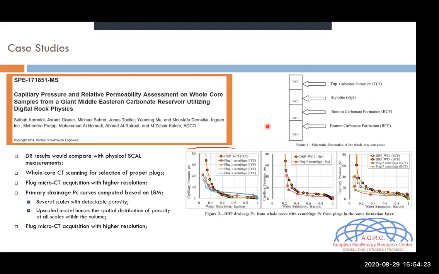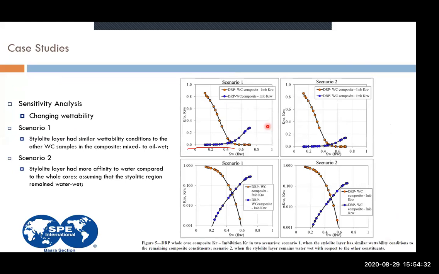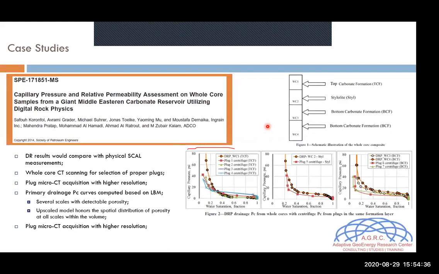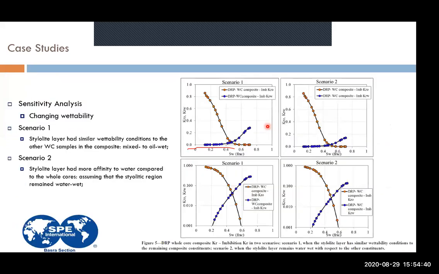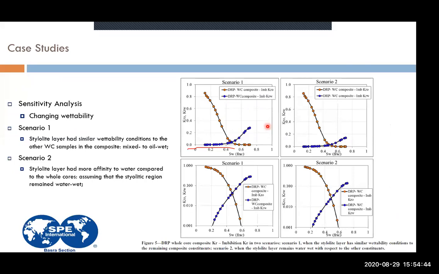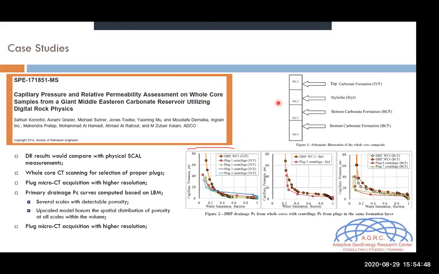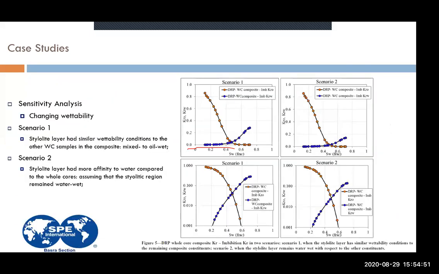But what I would like to highlight in this paper, of course, I will send you this reference later, you can take a look at the paper itself. What I would like to emphasize here is the idea that you can work with different scenarios. In this case, for example, in the second region of the section that they are evaluating, they try to understand the kind of wettability in the system.